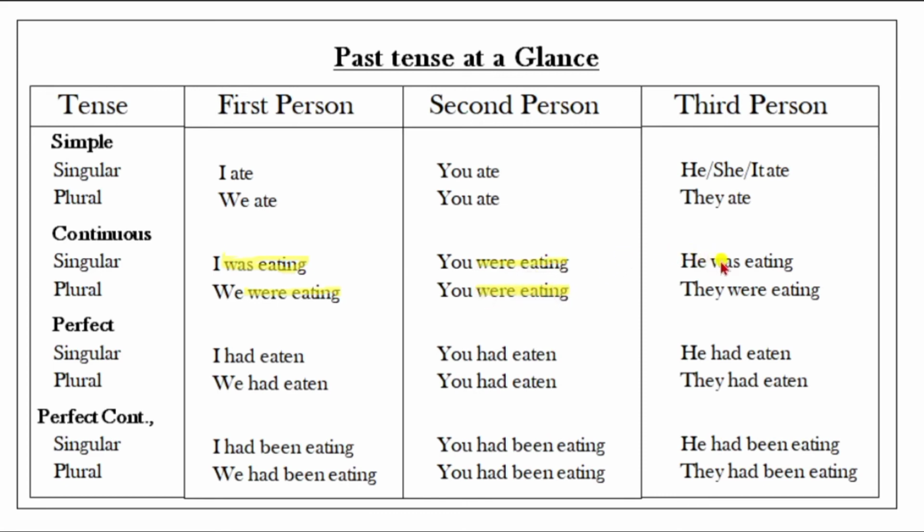And third person, singular, he was eating. So third person singular, he, she, it after was, we are using the helping verb. And plural, they were eating. Only in past continuous tense we are using different verb forms. Was and were, helping verbs we are using. Singular for was, plural for were.